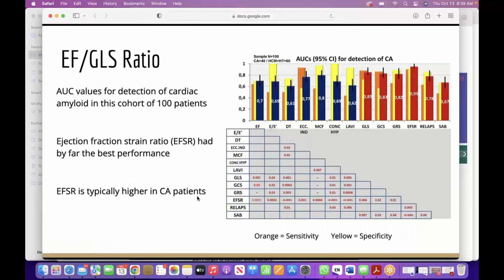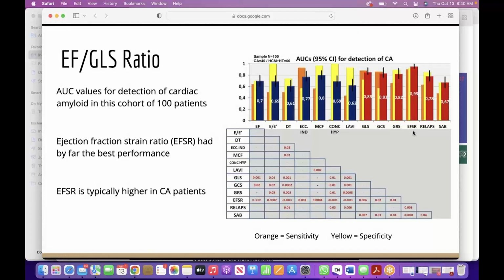But in their analysis of what was most predictive, they described some new novel echo features. And one of them that was most predictive was the EF-SR ratio. This was essentially a ratio of the ejection fraction to the global longitudinal strain, and essentially was born out of an observation that patients with cardiac amyloid had relatively preserved ejection fractions, but much more abnormal global longitudinal strain than other conditions, which resulted in quite good discriminating ability for this.